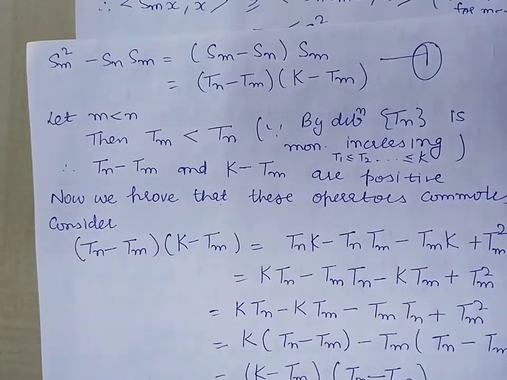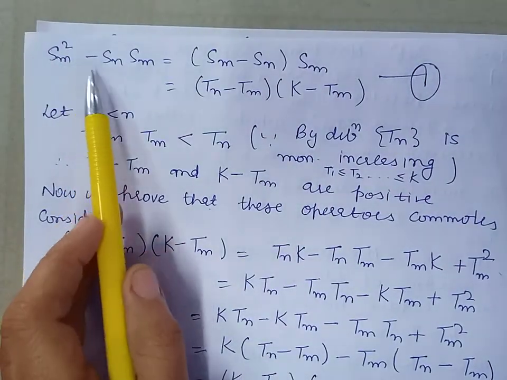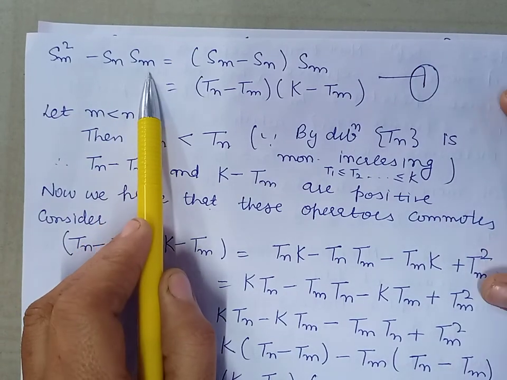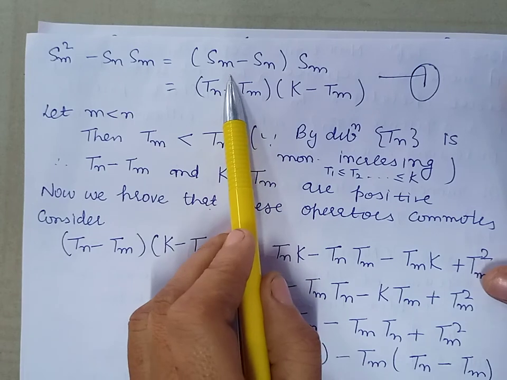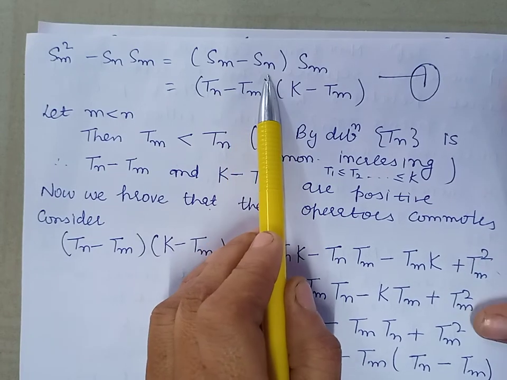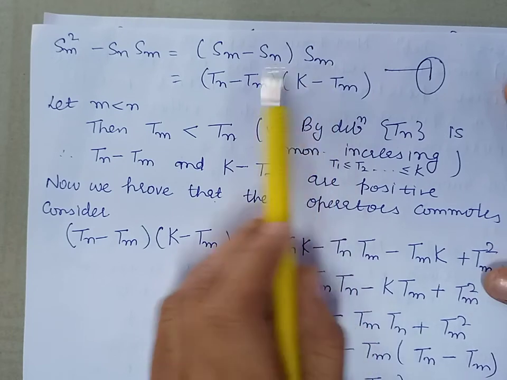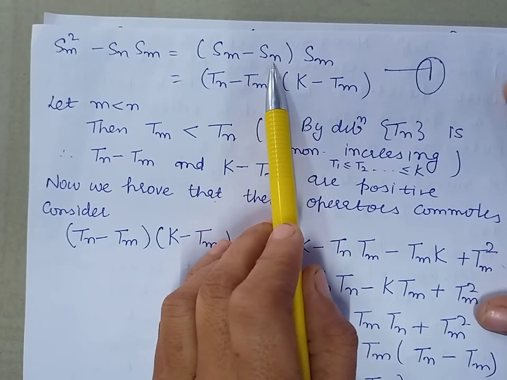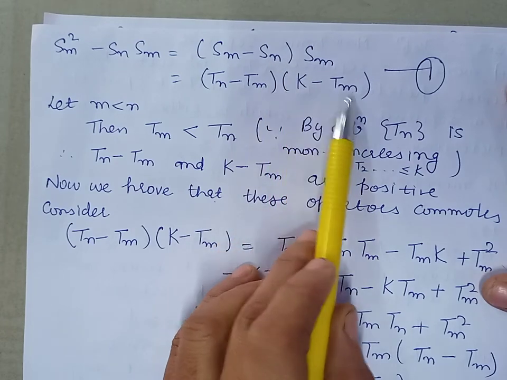Now let us consider the operator Sm square minus Sn into Sm. Taking Sm common, this can be written as Sm minus Sn into Sm. Substituting the values of Sn and Sm which we defined in the first step of the theorem, Sm is defined by K minus Tm.